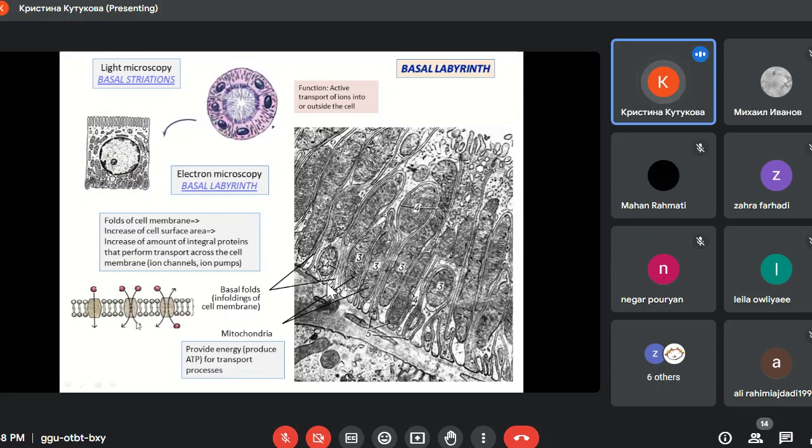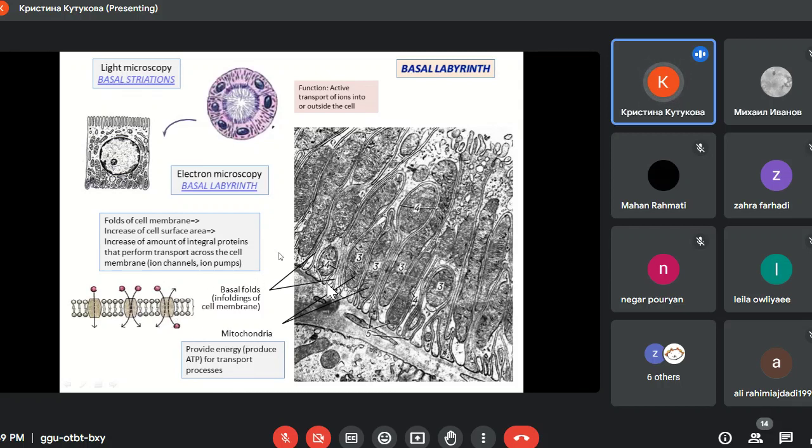And because of the presence of a lot of ion pumps, and pumps are ATPases, it means that they break down ATP and use the energy of ATP to perform their functions. So ion pumps need ATP molecules, and this is why such a cell has a lot of mitochondria, because we need a lot of ATP energy for ion pumps.